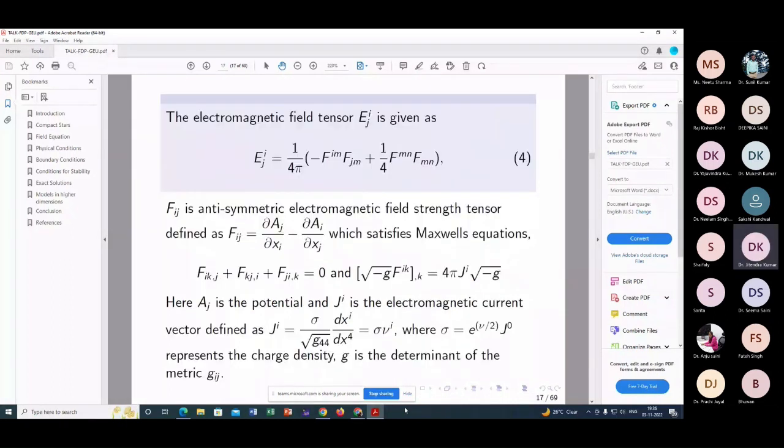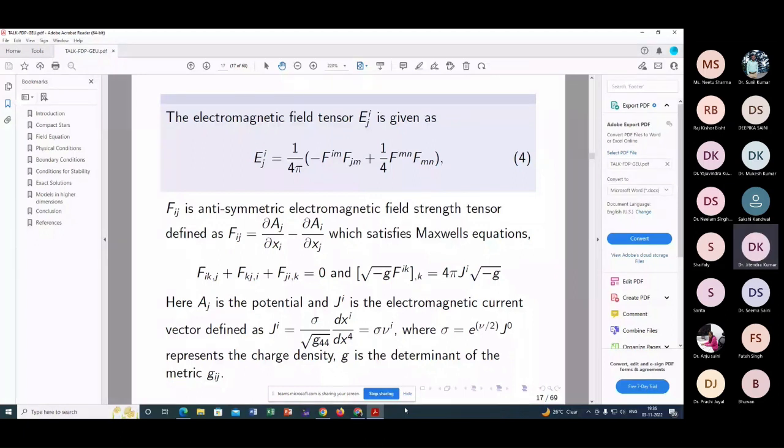And the electromagnetic field tensor Eij is given by 1 over 4 pi times minus Fim Fjm. Fim and Fjm are electromagnetic tensors, and Fij is an antisymmetric tensor. Antisymmetric means Fij equals minus Fji.